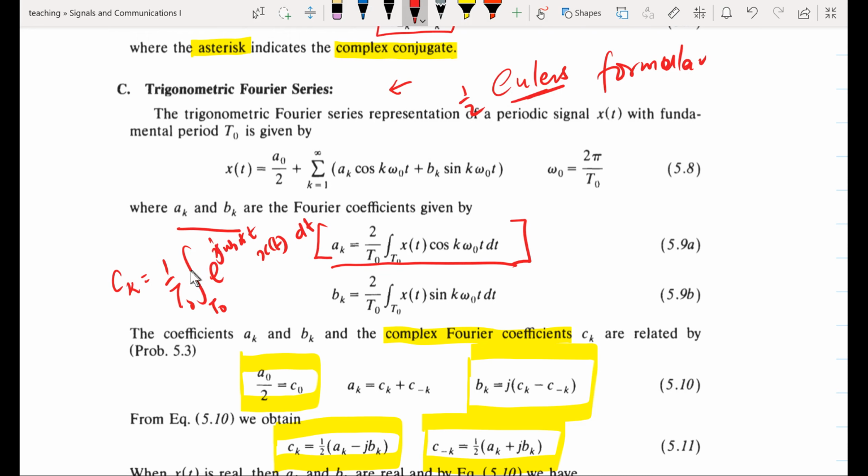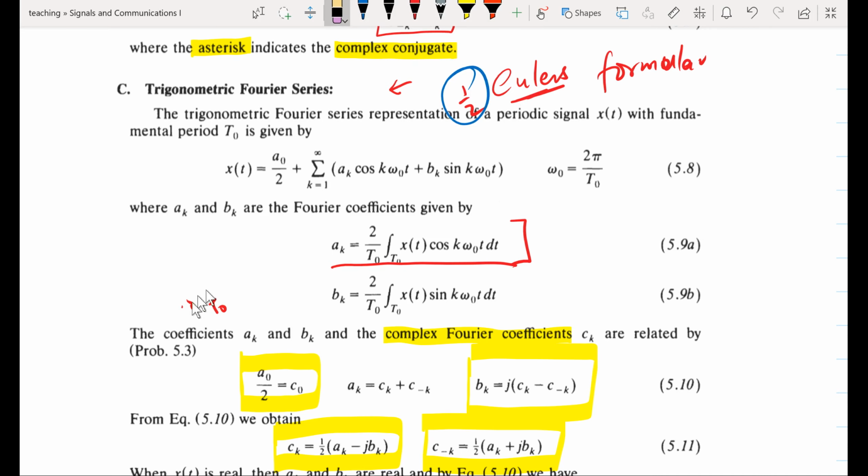For that reason, we introduce a 2 to cancel out this half introduced by Euler's formula. If we take it as such, then this coefficient a k makes sense, and it takes the cosine term, and b k takes the sine term as expressed by these two equations.